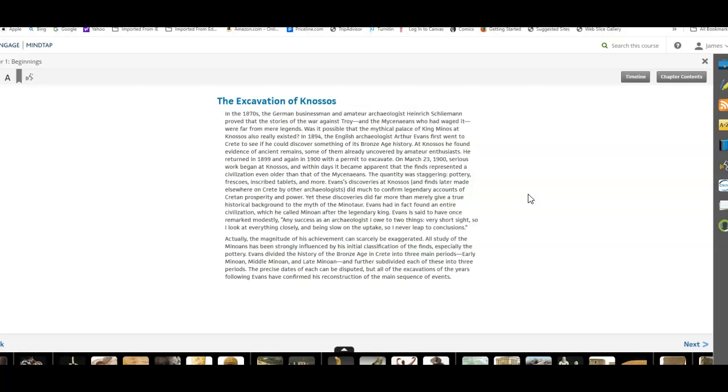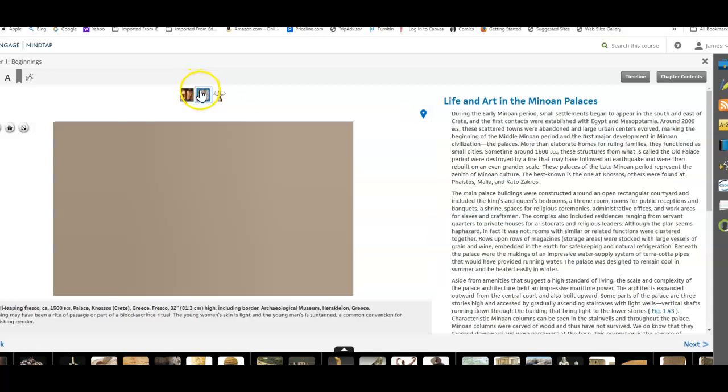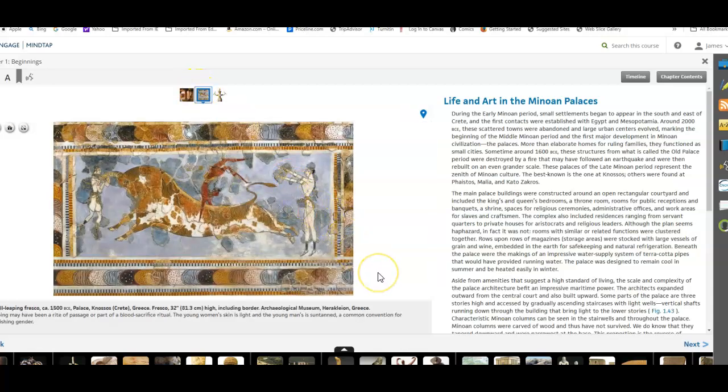Again, Evans looked at the culture there and used a highly complex way of naming: Early Minoan, Middle Minoan, and Late Minoan. We're not very original when we name these. This is part of what was found of the palace and then restored. This is a fresco that was found, again covered up, and bulls seem to be a key part of the culture.